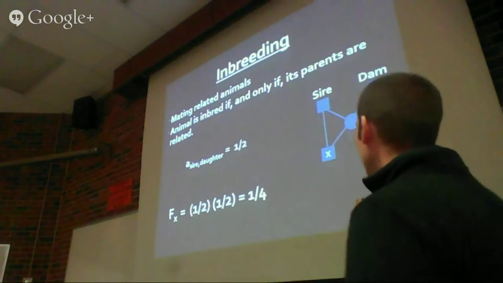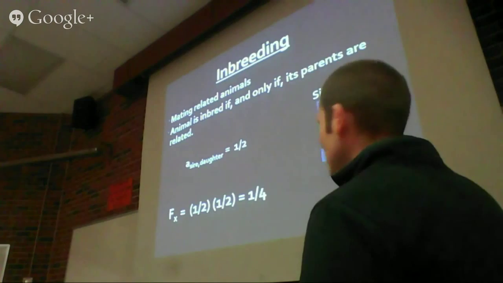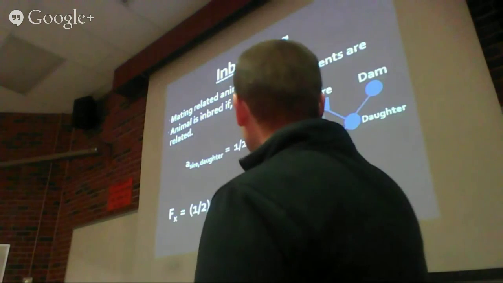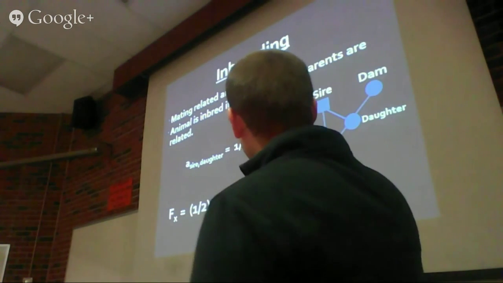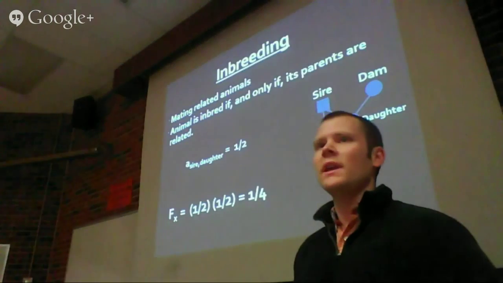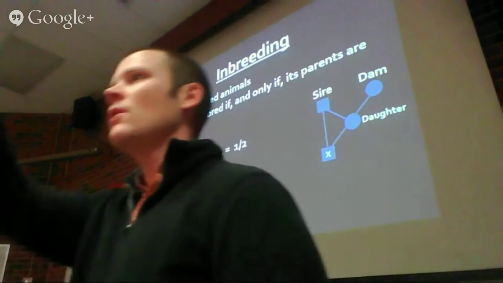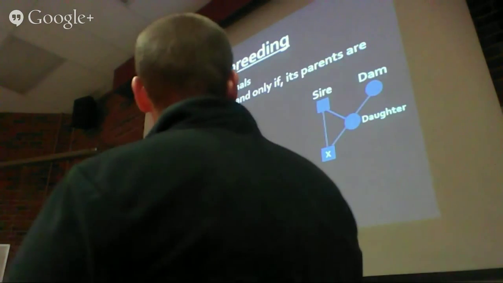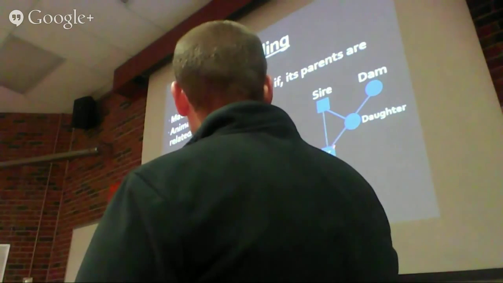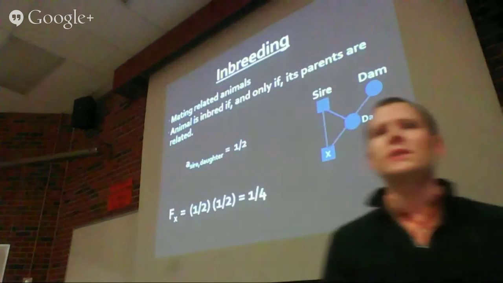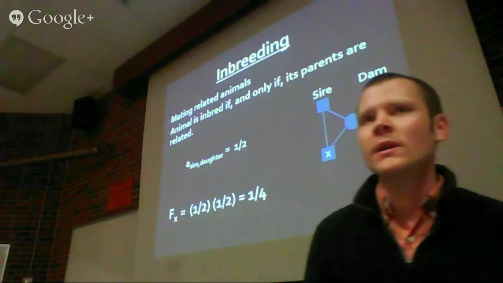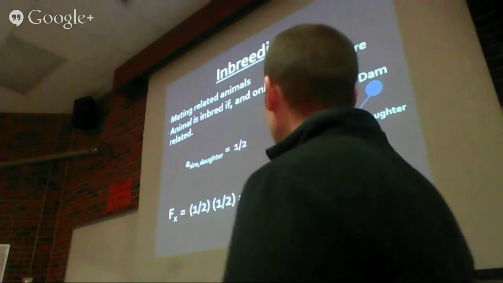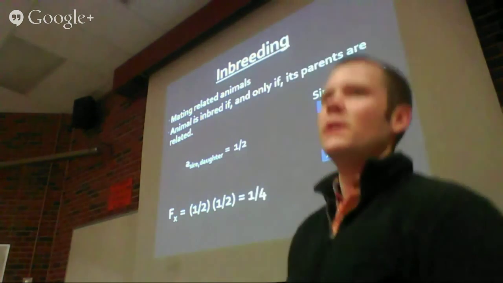There is a path between those two, between the sire and daughter, and it goes through individual X. So we can't do that because the rule is when you're doing relationships, never go below the individuals you're looking at in the population. So given it's a vertical pedigree structure like this, you cannot add a genetic relationship by going down through progeny and then back up to an individual to get to a relationship. So that's one of the rules we're going to mention. Don't ever go down when you're estimating genetic relationships. Never go below the two you're interested in the relationship between.